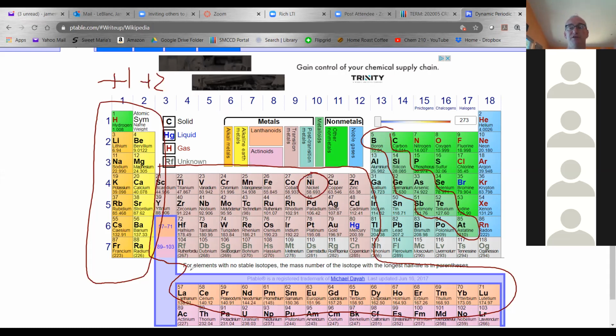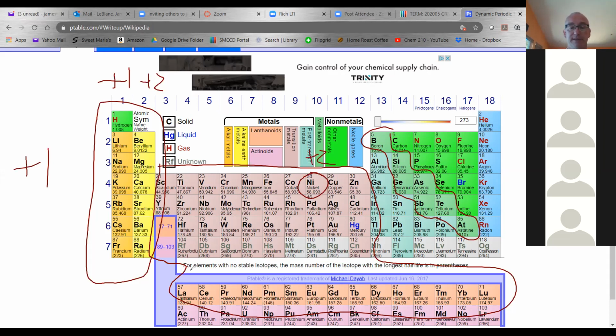The reason it has a 2 in brackets means that in that particular compound it has a charge of +2. In other compounds, it has a charge of +1. It depends on what it's bound to. If it's bound to something that's pulling its electrons very tightly, it gives up 2 of them. If it's bound to something that isn't pulling on its electrons quite so much, it only gives up 1.